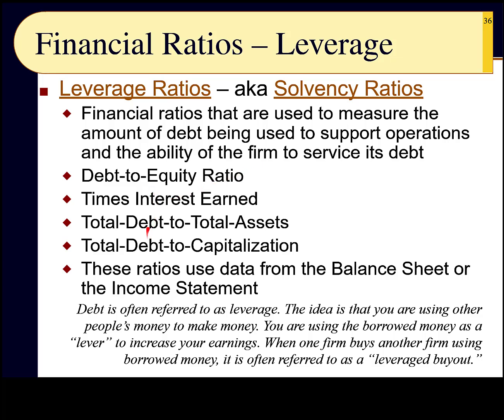There's the debt to equity, times interest earned, one of the very, very popular financial ratios of Warren Buffett's teacher, Mr. Benjamin Graham. And when you eventually read The Intelligent Investor, you will see the master at work using times interest earned. Total debt to total assets and total debt to capitalization. We use the balance sheet and the income statement.